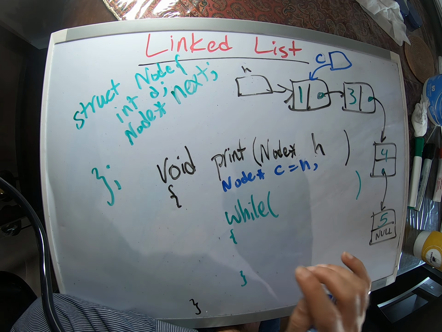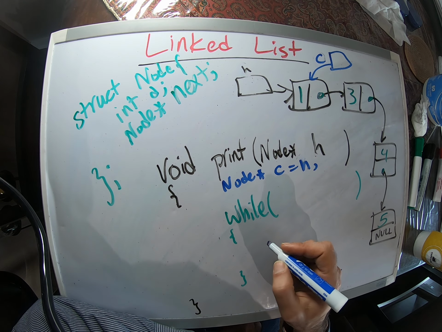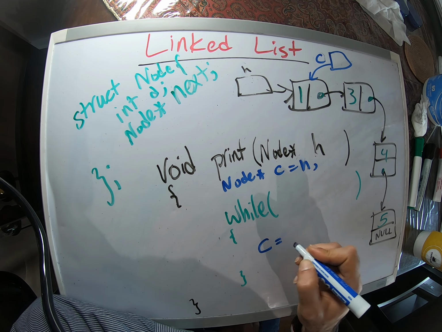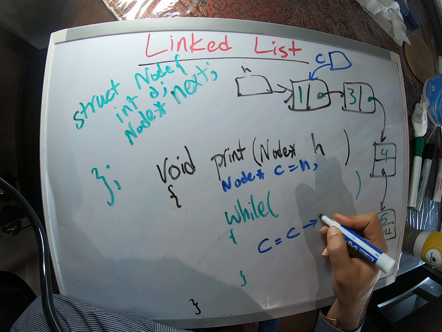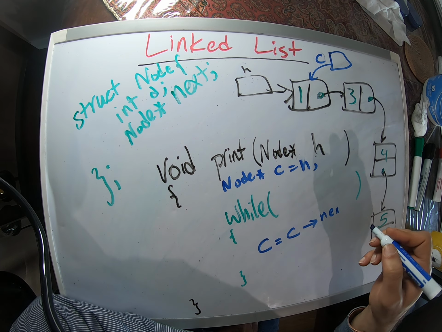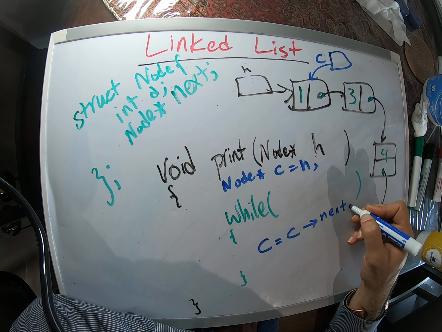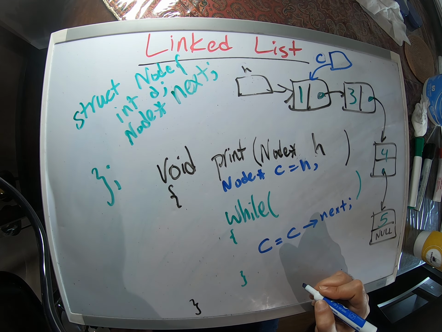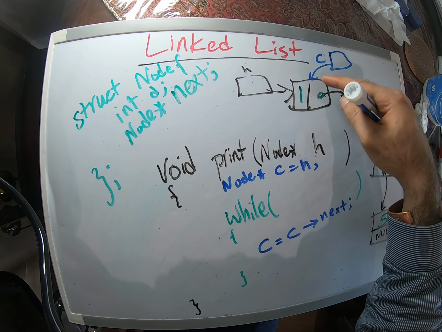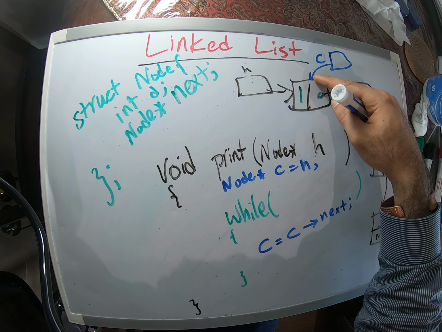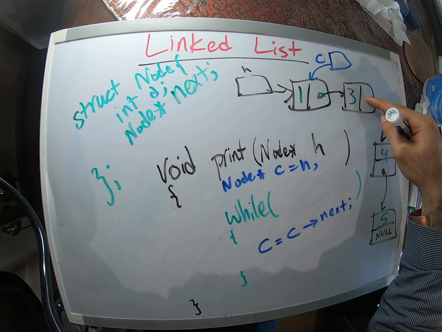And what I need to do in this loop is basically say that C is equal to C arrow next. It means that whatever C is, I want it to be pointing to the next node.